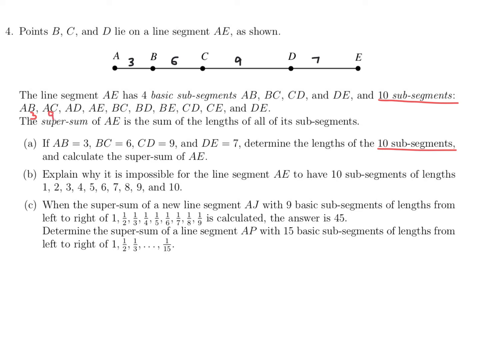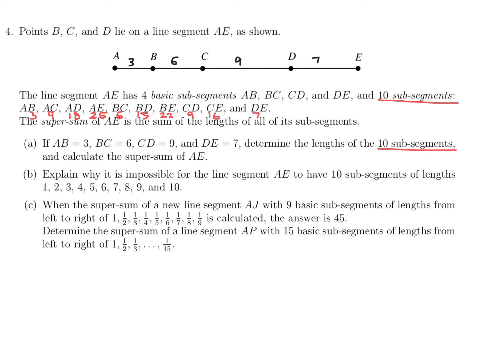AD 18, AE 25, BC 6, BD 15, BE 22, CD 9, CE 16, and DE is 7.